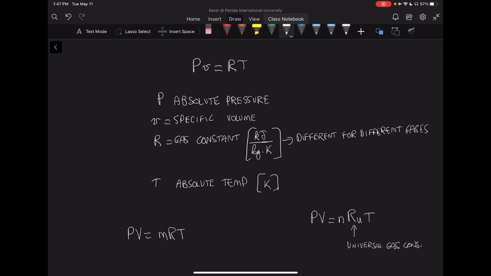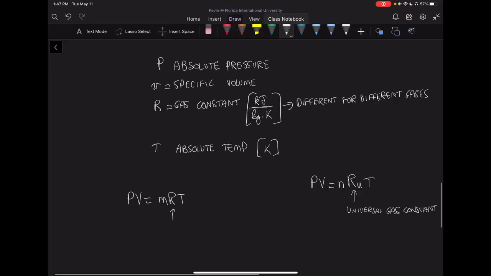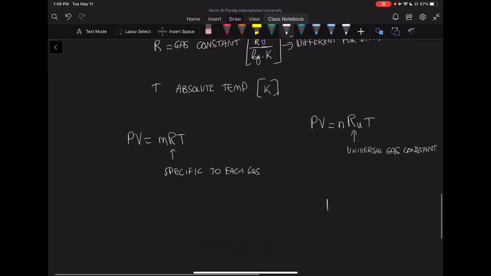In this class, we're going to focus mostly on using R, which is the gas constant specific to each gas. So just to make sure that everybody's okay with this, I'm going to write specific to each gas. And R can be found from Ru divided by capital M, which is molar mass. Okay, just to get a little bit of background on this.